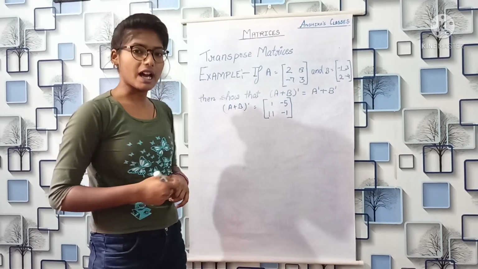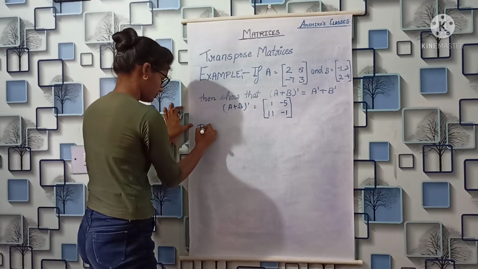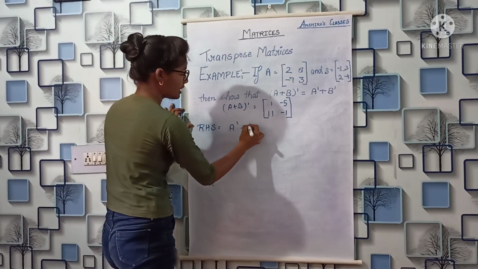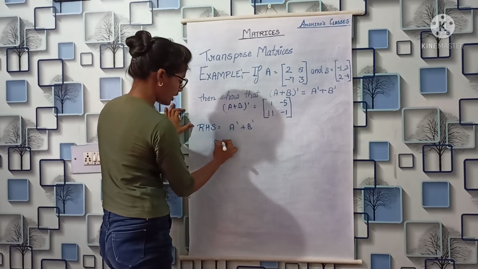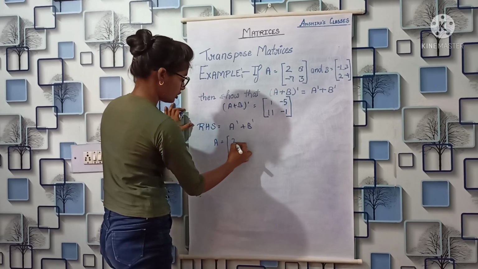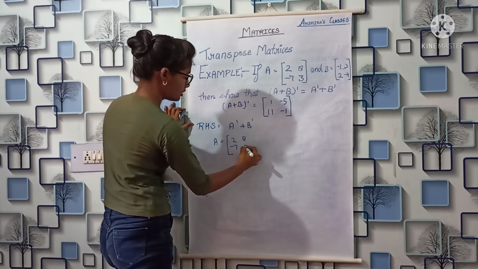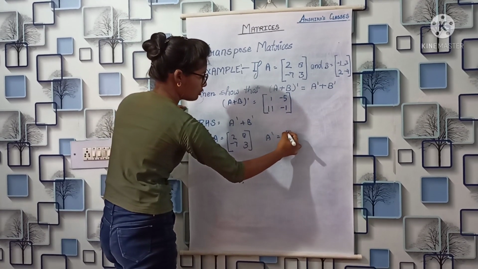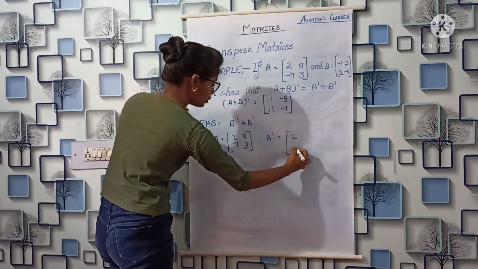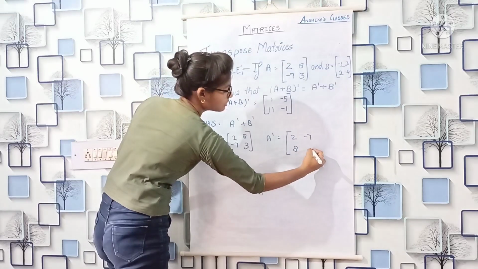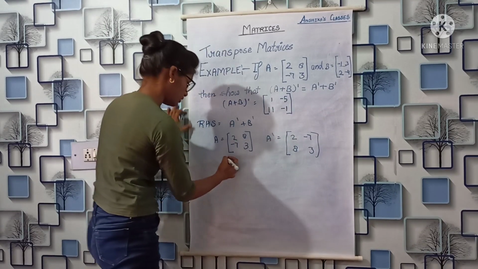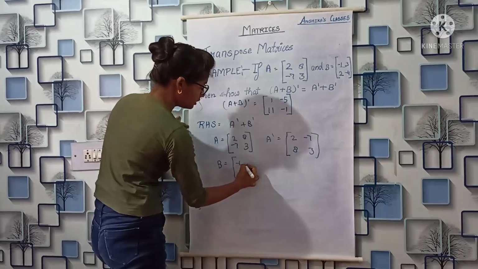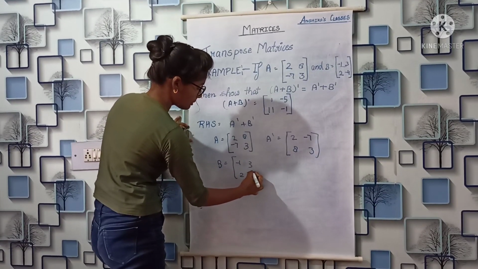Then take RHS, A dash plus B dash. So A is equal to 2, minus 7, 8, 3 and A dash is equal to, row converted to column, so 2, 8, minus 7, 3. B is equal to minus 1, 3, 2, minus 4.